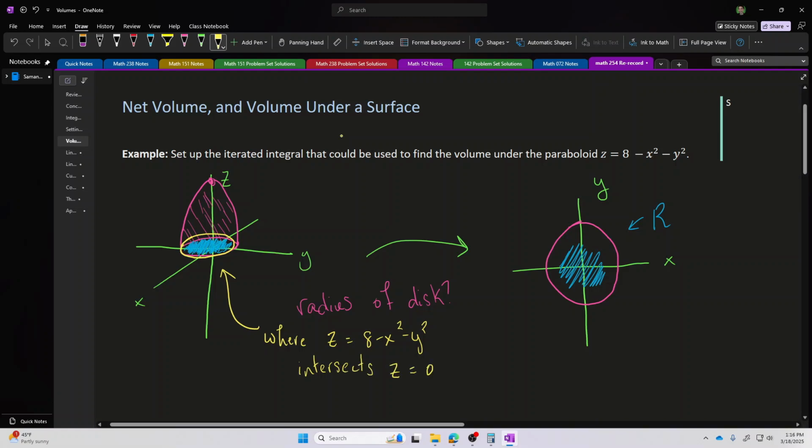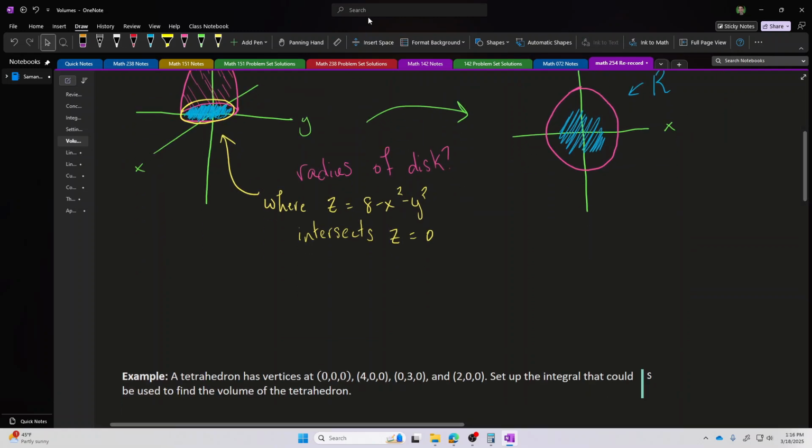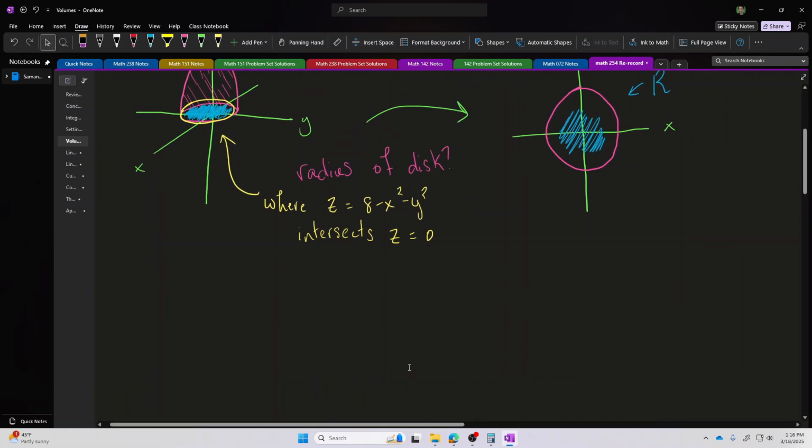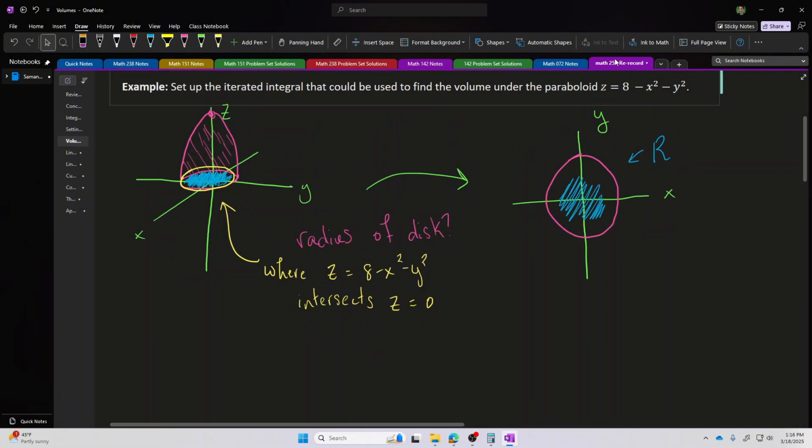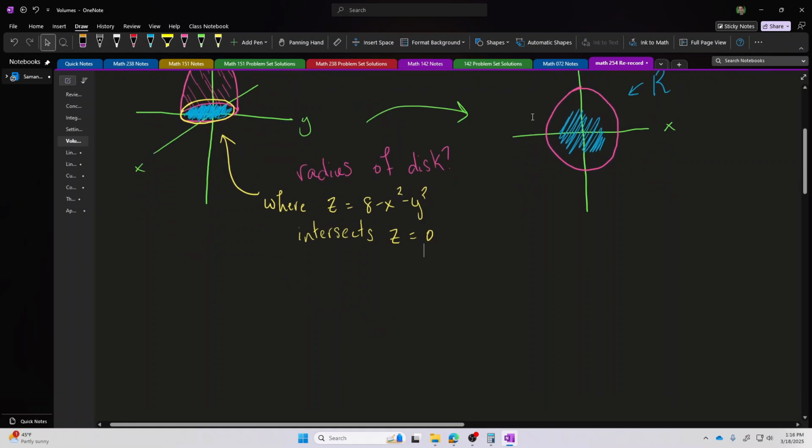Now the xy plane has an equation, z equals 0. And the paraboloid we're given has an equation of z equals 8 minus x squared minus y squared.